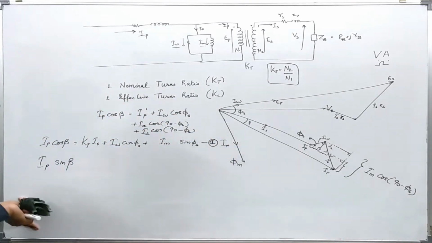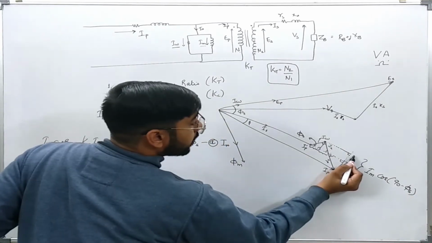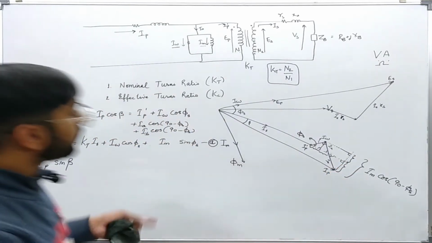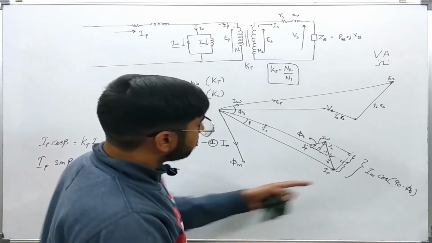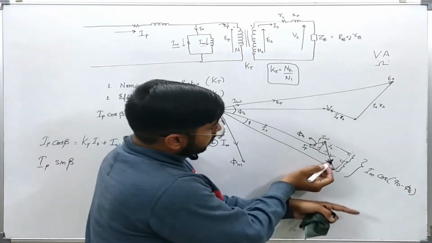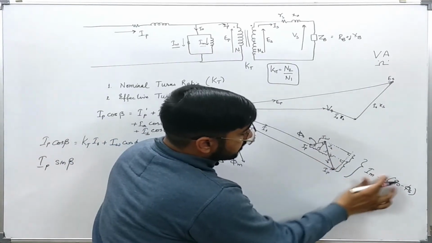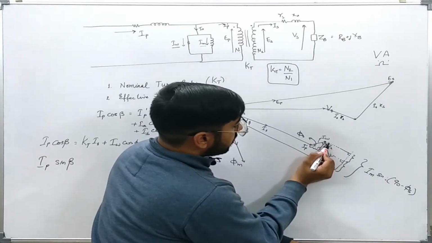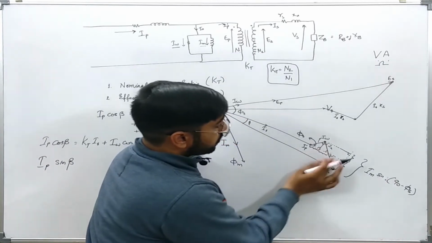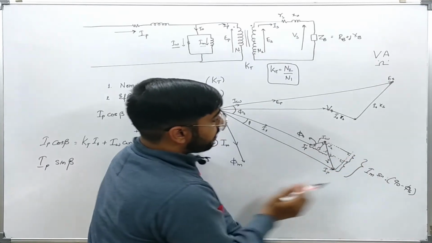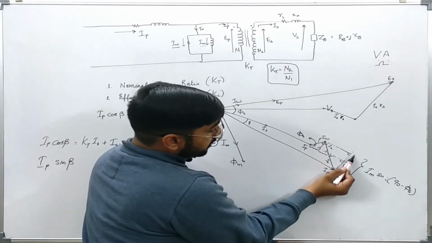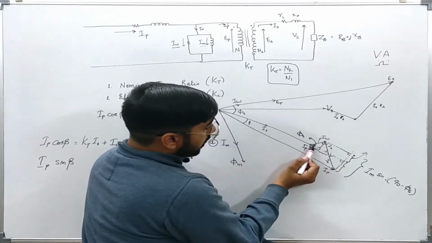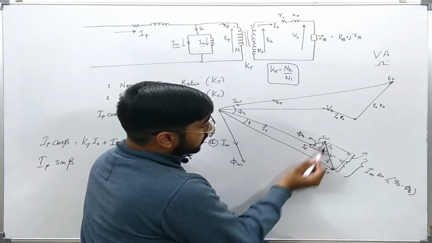Okay, and this part, sorry, this thing is sin 90 minus phi s. This is 90 minus phi s only. So this thing is IM sin 90 minus phi s, and this part is equal to IW sin phi s.